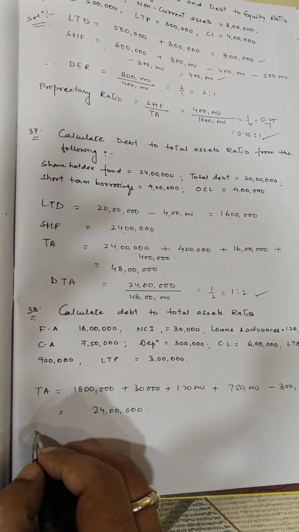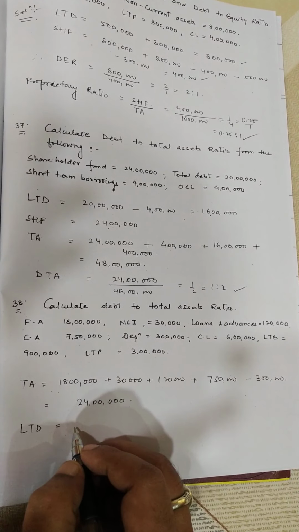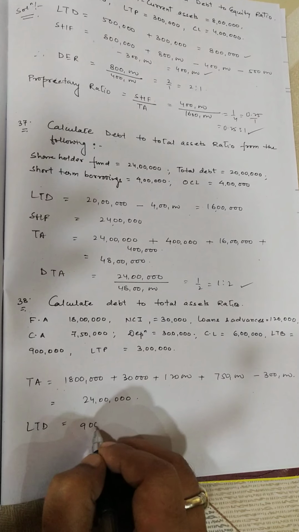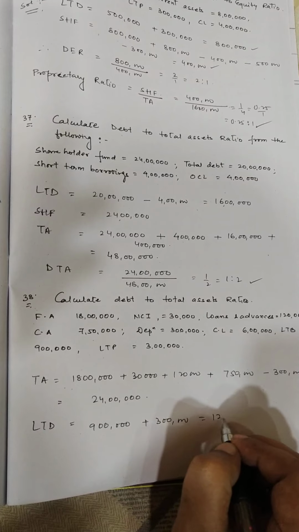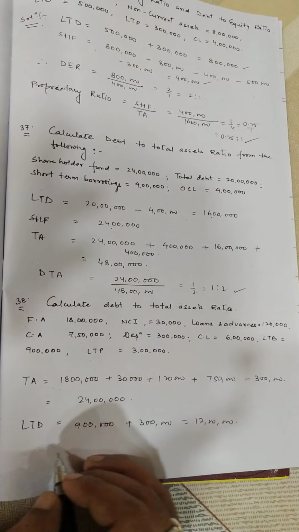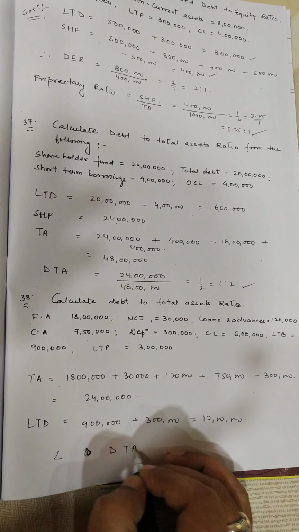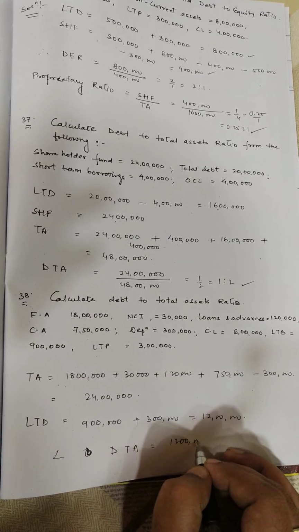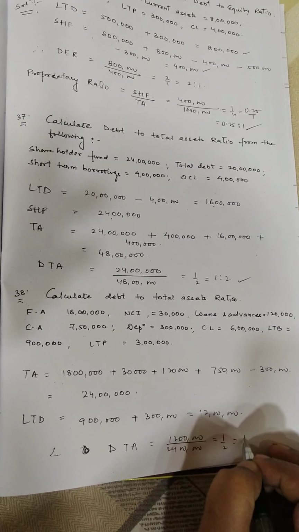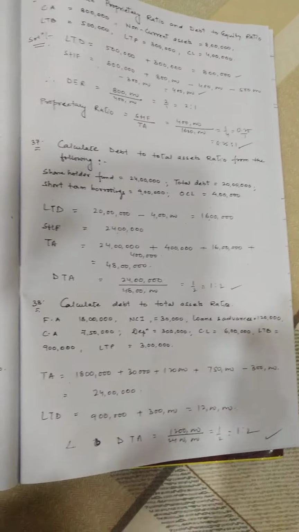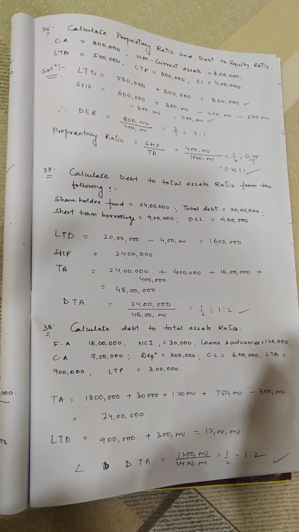And the total debt, long-term debt, is 9 lakh plus 3 lakh provisions and borrowings, that is 12 lakh. Therefore debt to total asset will be 12 lakh by 24 lakh, 1 by 2, that is 1 is to 2. So these are the ratios: debt to equity, debt to total assets, and proprietary ratio.